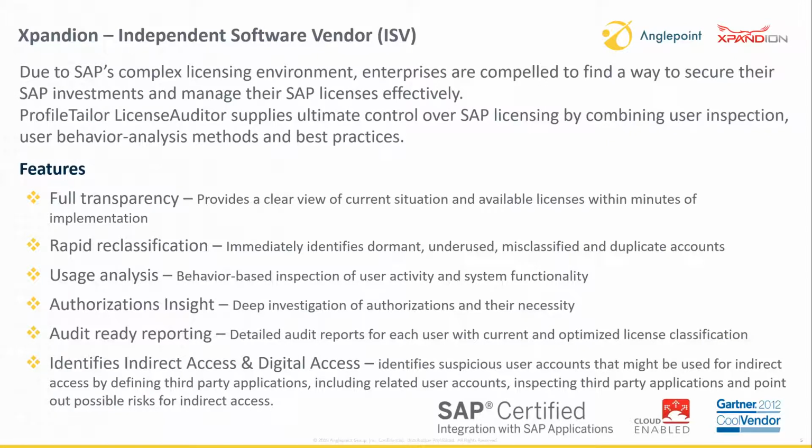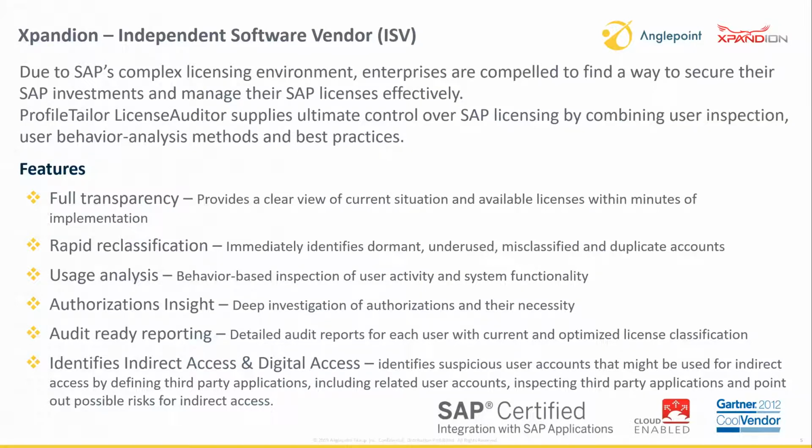Okay, fine. So Expandion basically is the technology enabler for Anglepoint's analysis of the licensing situation. And with the always changing landscape of licensing in SAP, our technology supplies, I think, the most current facts and figures based on the recent updates from SAP. And as we know, things are changing all the time. This is the reason for this webinar.